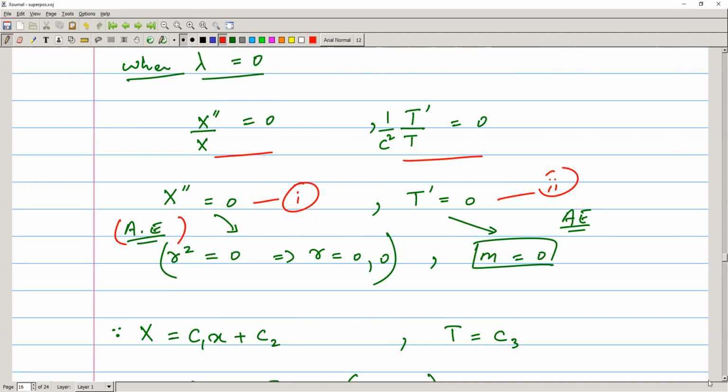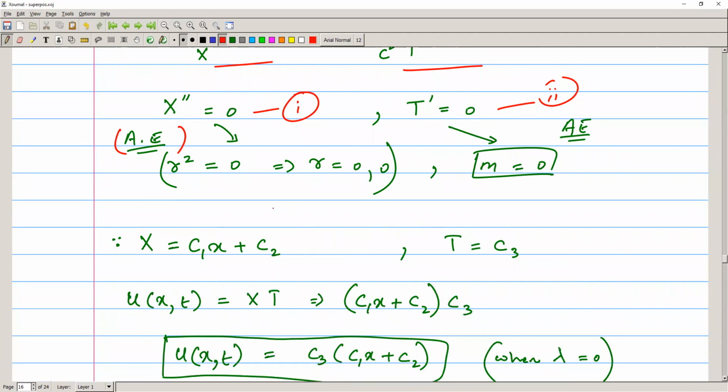So the solution of this ODE will be X = c1 x + c2, and the solution of this first order ODE will be simply T = c3, right? So this T' basically means dT/dt, right? So it is equal to 0. So when we integrate this, we will get T = c3.